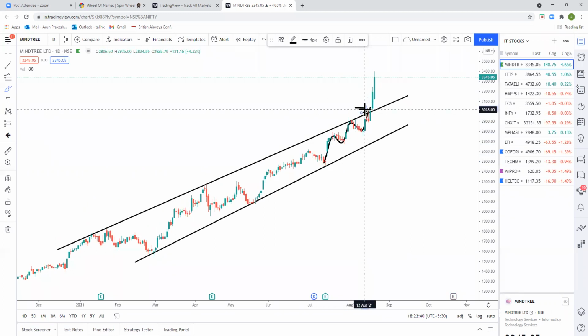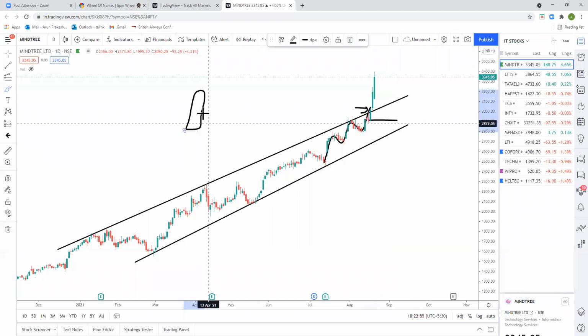Okay. So where should the SL be? You can keep it below this candle if you can handle that, or whenever we have a huge bullish momentum candle, we follow this 50% rule. We keep a stop loss below 50% of that huge bullish candle, based on a candle close, so that the wick does not hit your stop loss.